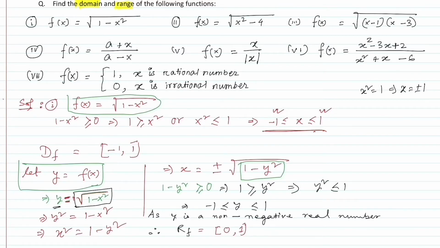Okay, so y can be equal to 0, and as I have already got here, y is less than or equal to 1, so 1 is also included here. Okay, this is the range.